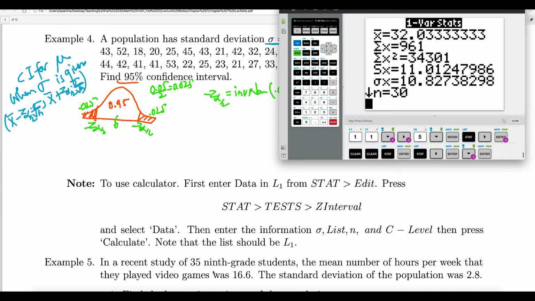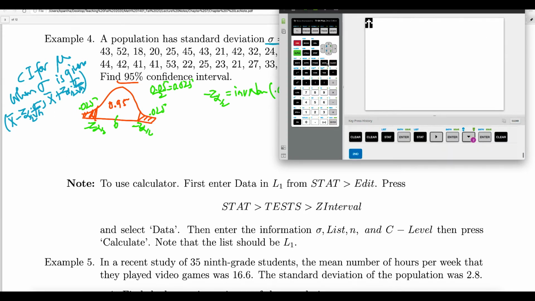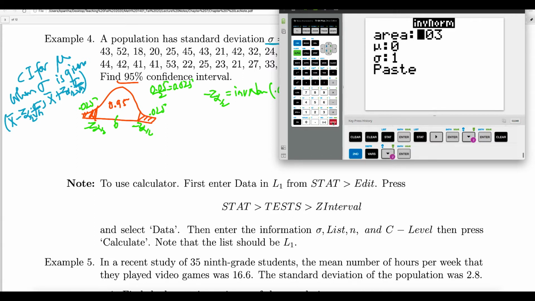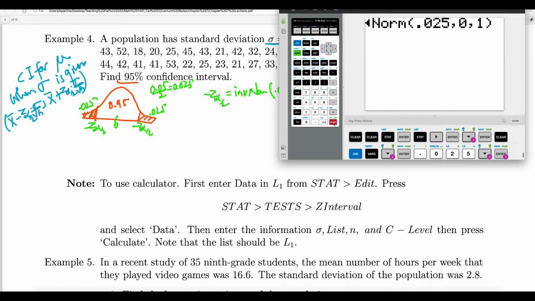Let me clear this, go to second vars, inverse norm, number 3, hit enter. The area is 0.025, mean is 0, sigma is 1, and paste. You get negative 1.96.